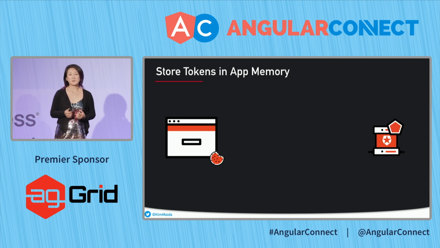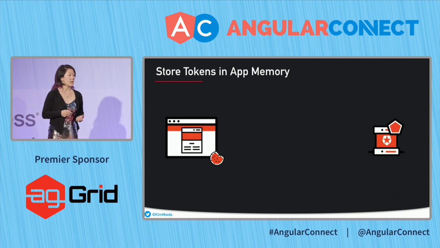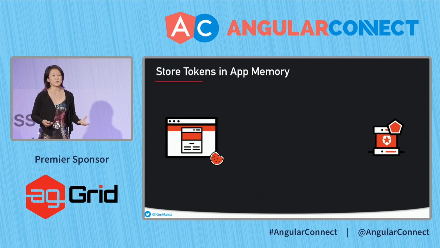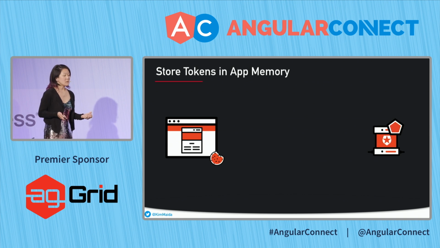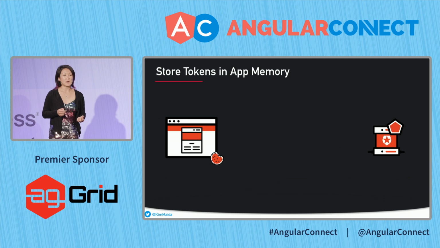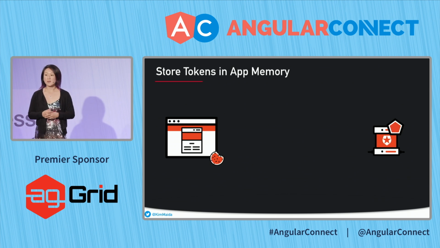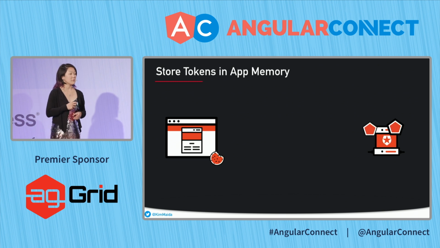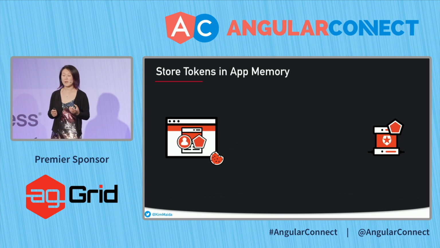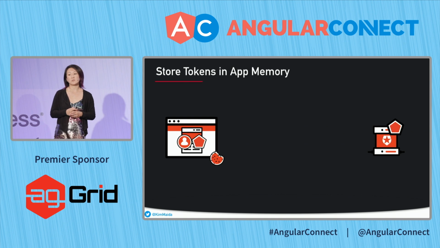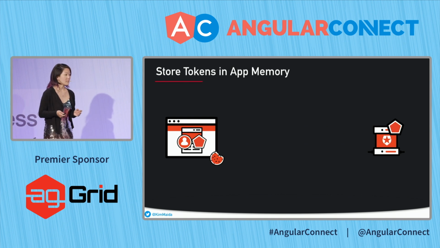So if we refresh the browser, we're going to lose all of the tokens and data that was stored in app memory. But what we can do now is check that cookie. This is called check session. And if the cookie is still there and still valid, then we know that user has an active session with the authorization server. And that allows us to request new tokens silently without prompting the user to re-enter their credentials.